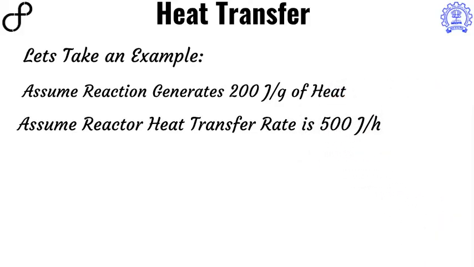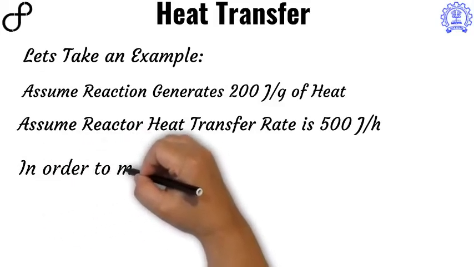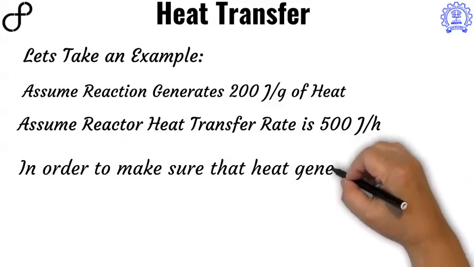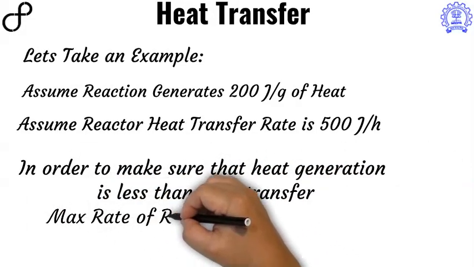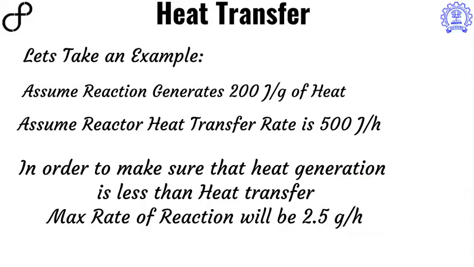Now, in order to do this process in a controlled fashion, we have to make sure that the heat generation is less than the heat transfer. In other words, the maximum rate of the reaction is 2.5 grams per hour. Therefore, the interplay of the heat generation and heat transfer dictates how much a process can be intensified.